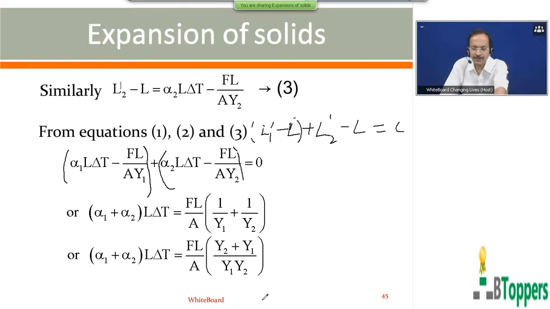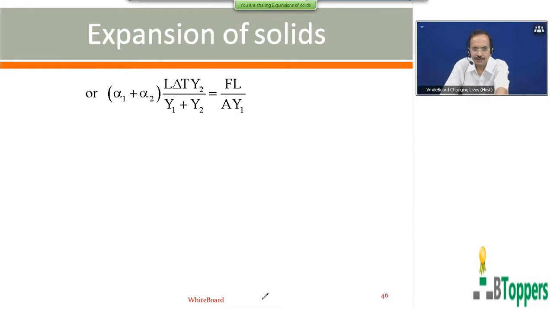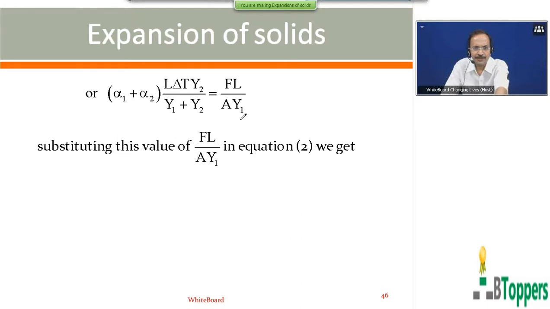So next I am going to show you the continuation in the next slide. Or alpha 1 plus alpha 2 into L delta T equal to Y2 by Y1 plus Y2 into FL by A Y1.